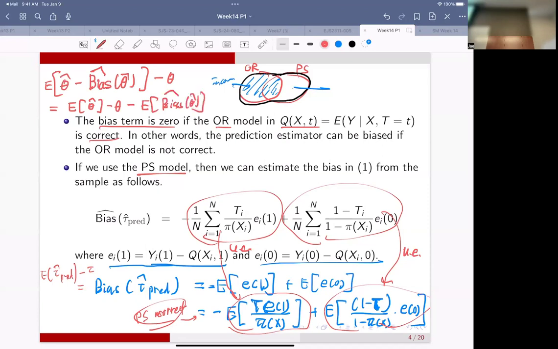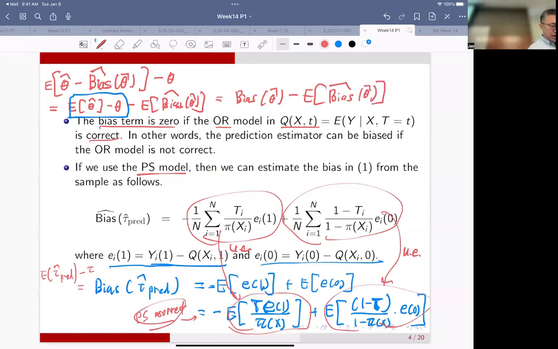So this is the expectation of zeta hat minus zeta, minus the expectation of the bias estimator. The first part is the definition of bias, so that is the bias of zeta hat, minus the expectation of the bias estimator.